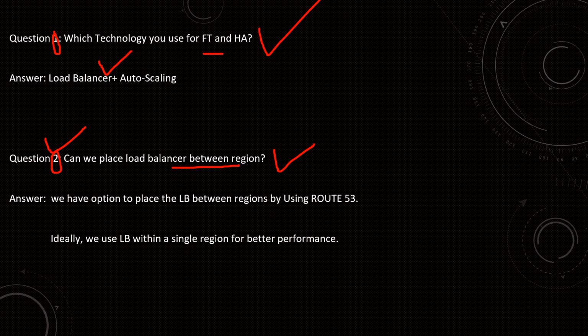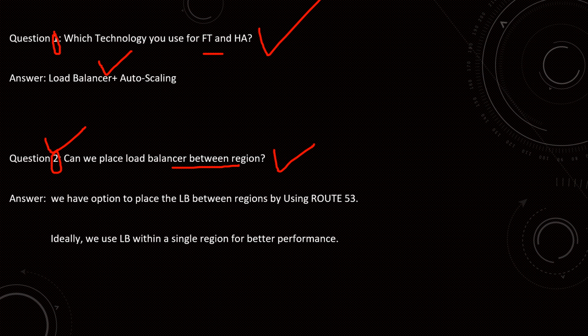Indirectly, this question is asking whether we can place one EC2 server in Asia, the second one in Australia, and the third one in Europe, like that. Yes, we can do that by using Route 53, which is DNS, but it is not recommended, because the time taken to serve the request would be much more.